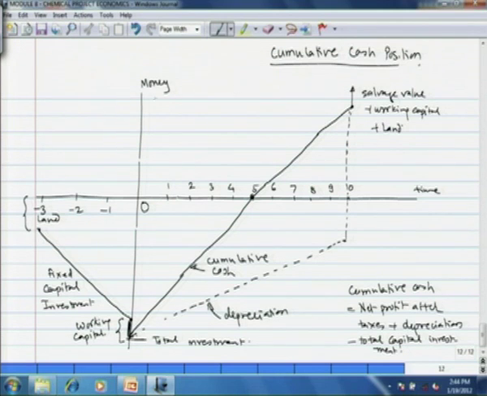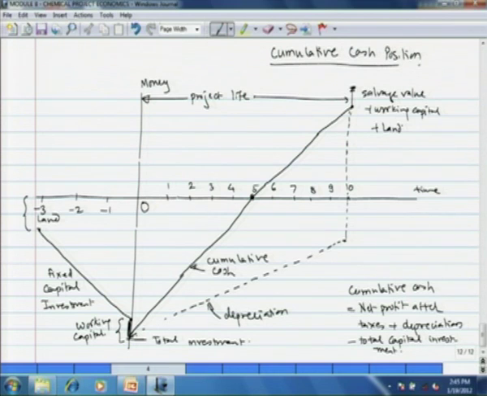So, this is the project life, 10 years, and finally, we are left with this much money. So, if the amount of money that we are left with at the end of 10 years is higher than that invested at time 0, that could be a sort of measure of the profitability of the business.